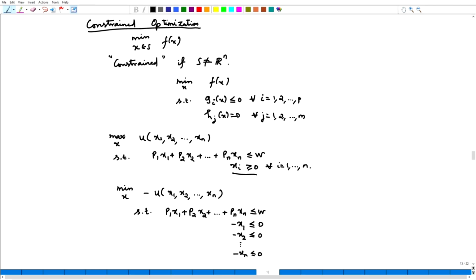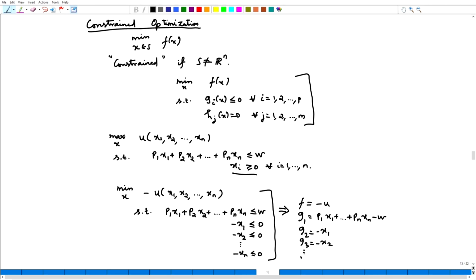Now you can see that this problem is equivalent to what you have written here, where f is minus u, g1 is p1 x1 plus ... plus pn xn minus w, which is less than or equal to 0, and g2 is minus x1, g3 is minus x2, ..., g n plus 1 is minus xn.